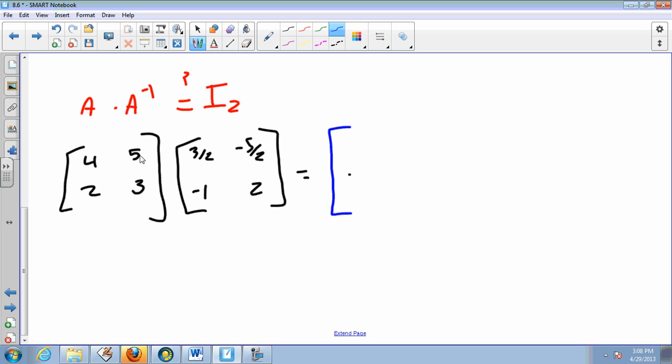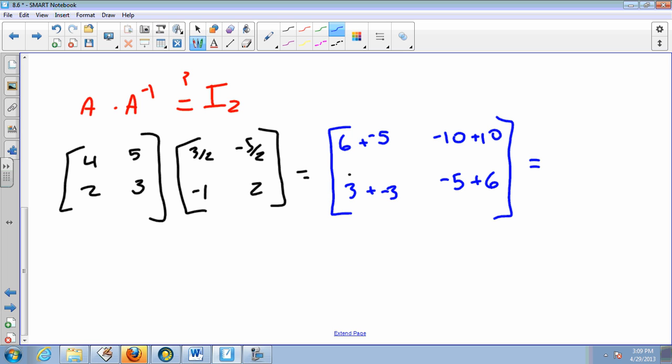So we get 4 times 3 halves, which goes to 6, plus 5 times negative 1, that's negative 5. 4 times negative 5 halves, that goes to negative 10, 5 times 2 plus 10. Second row, 2, 3 times first column goes to 3 plus negative 3. 2 times negative 5 halves, that goes to negative 5 plus 6.